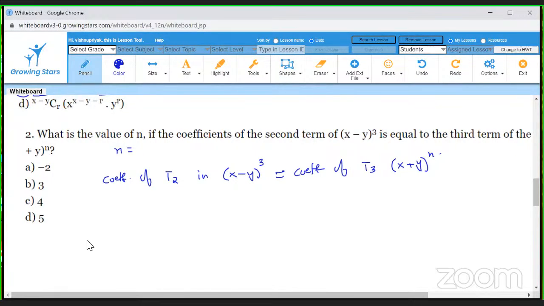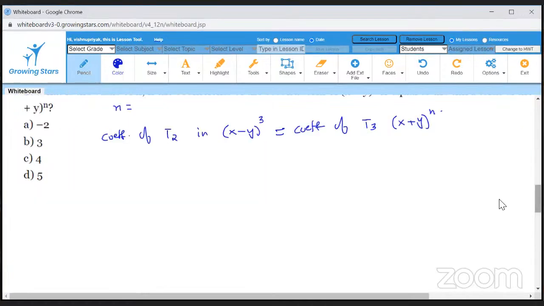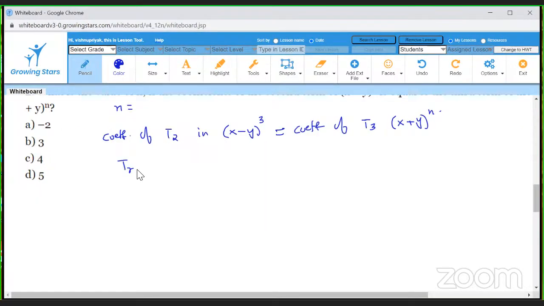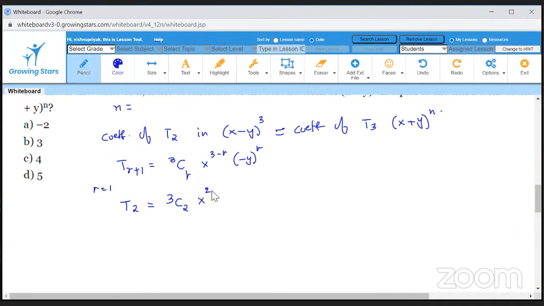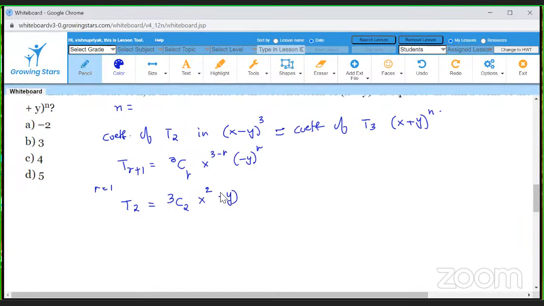So, how to find coefficient of T2? First, I will take Tr plus 1, nCr x power n minus r a power r. This is what I'll take. Now, because T2, r I have to put 1. T2 equal to 3C1 x power 2 minus y power 1.